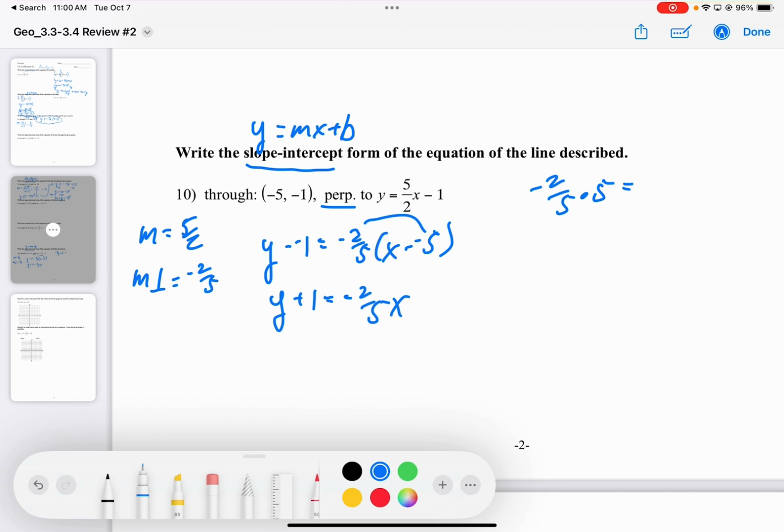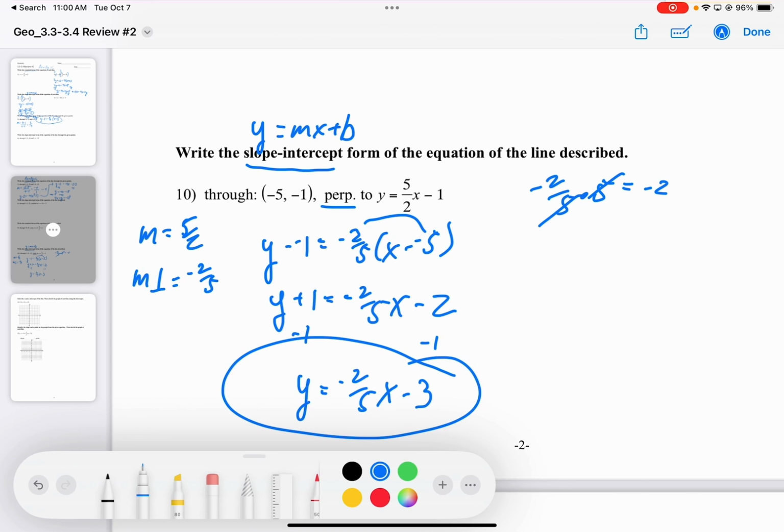It would be -2, because your 5s cancel out. So then we end up with -2. And then last step, subtract 1 from both sides. I'm not dealing with any fractions, which is kind of nice, aside from my slope. So -2 minus 1 is -3. So that's what I would get.